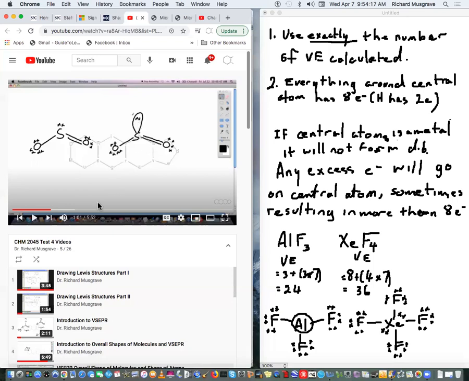The overall shape of this is still trigonal. The shape of the atoms, though, is called angular, angled or bent.